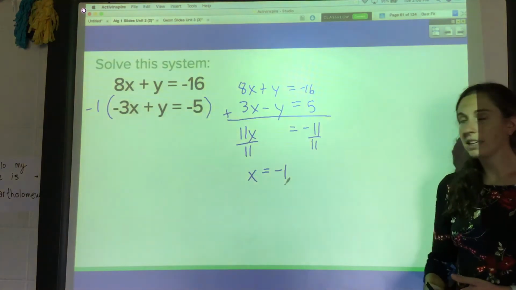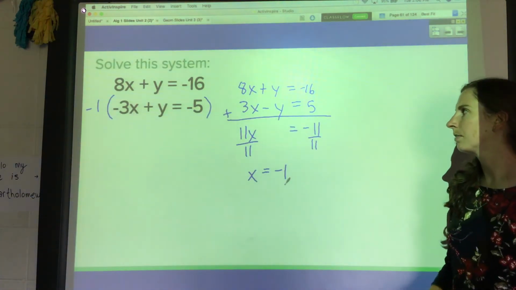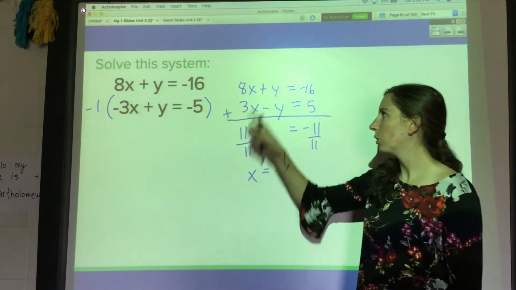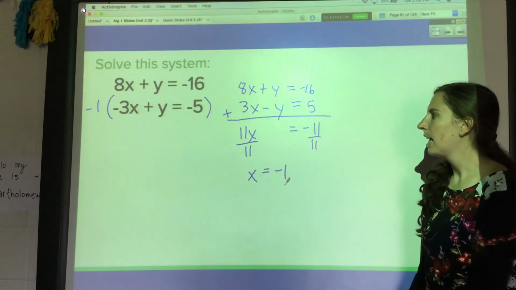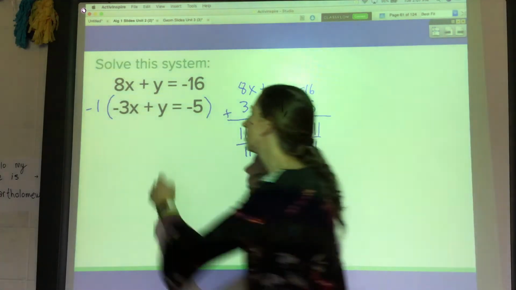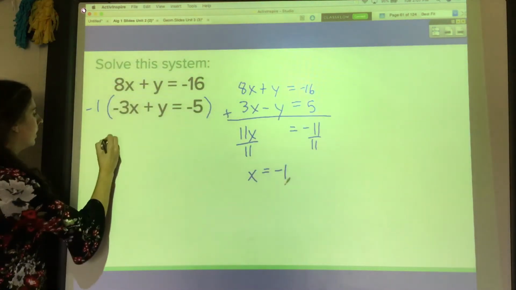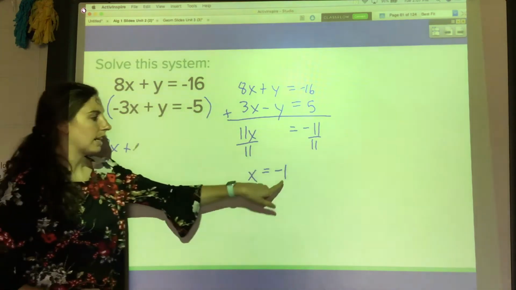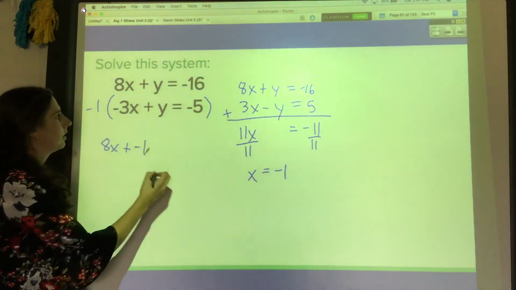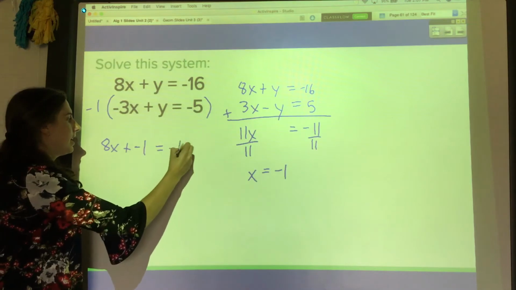Now I will still need to go back and solve for y. You could use this equation, or even this one. But just pick one of them, doesn't matter which one, and solve for y. I'm just going to use the first one just because. So 8x plus y, which is negative 1, equals negative 16.